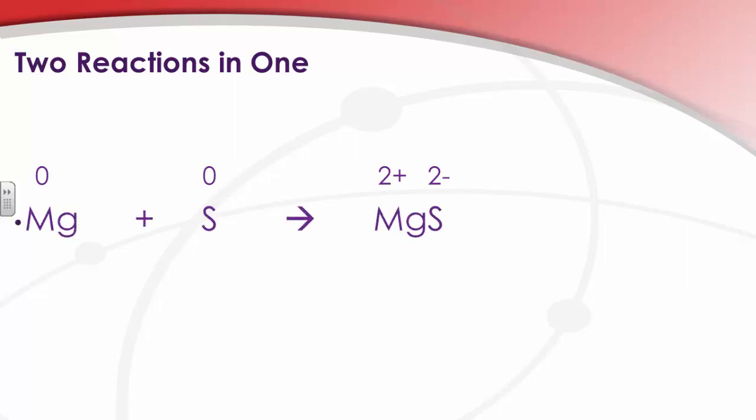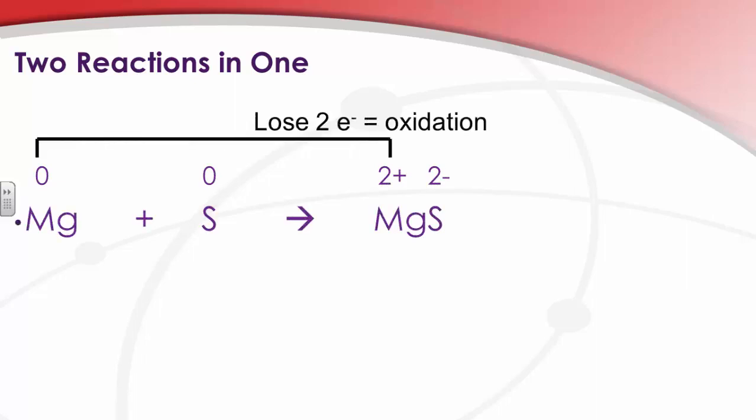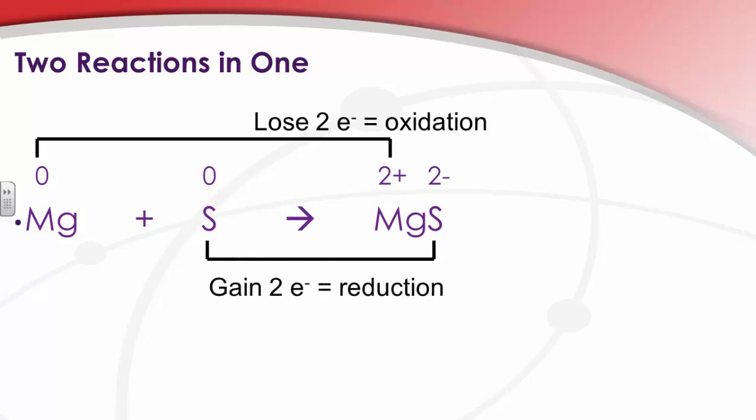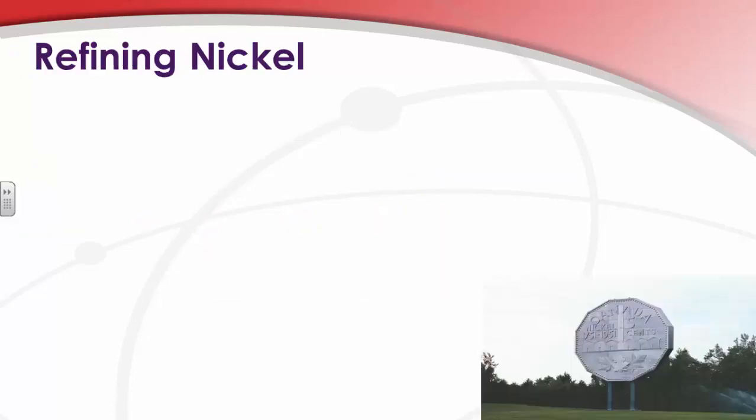Magnesium went from a charge of 0 to a charge of 2 plus. Sulfur went from a charge of 0 to a charge of 2 minus, or an oxidation number of 2 minus. Loss of 2 electrons is oxidation, gain of 2 electrons is reduction. So we've identified which component is oxidized, magnesium, and which one's reduced, sulfur.